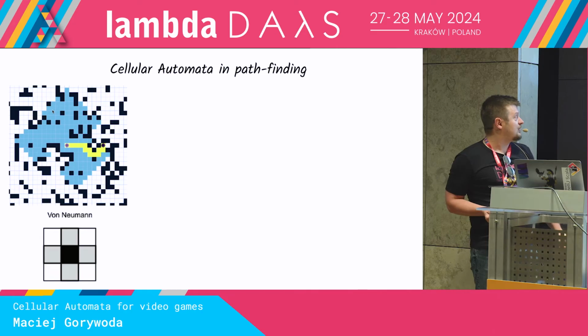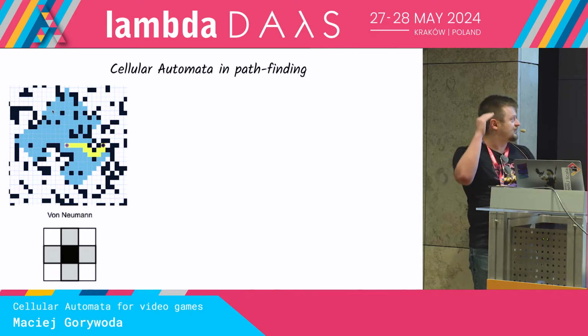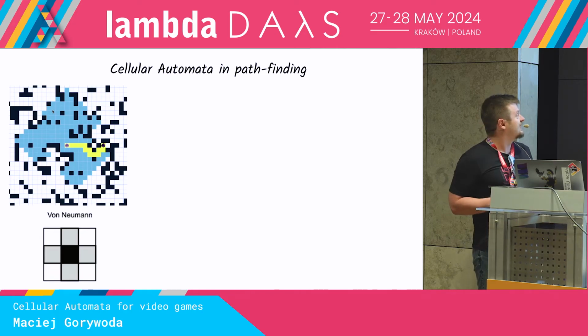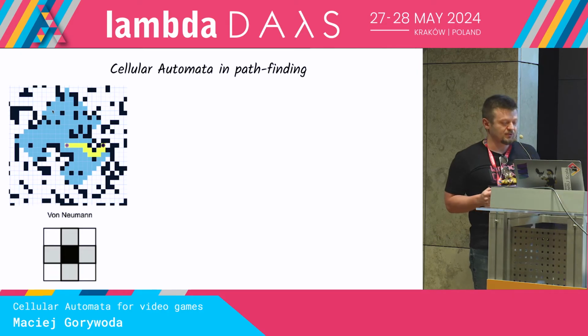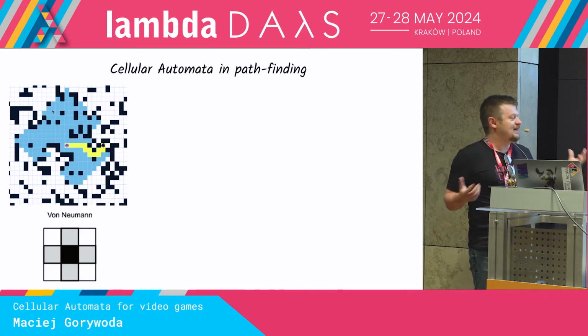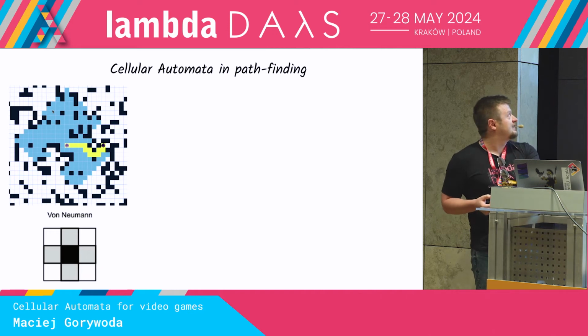We use the von Neumann neighborhood, so north, south, east, west. Of course, there are pathfinding algorithms like A-star that are quite quick, but they are sequential. But the thing with Cellular Automata is that they can be very nicely processed on a grid of many threads of many CPUs. So this algorithm would work like that.